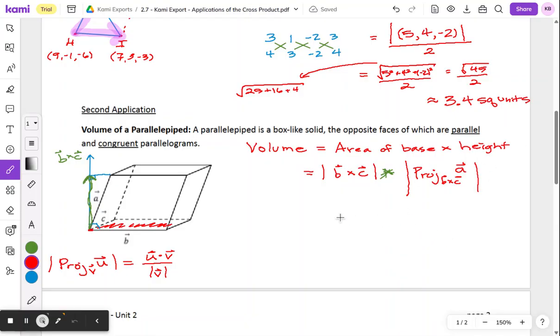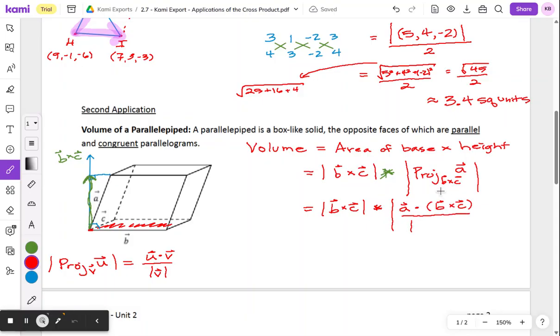Okay. So I'm going to have my magnitude of B cross C. All right. Then I'm going to use this formula over here. So I'm going to have A dot B cross C. Okay, this is my U vector. This is my V vector being projected on.